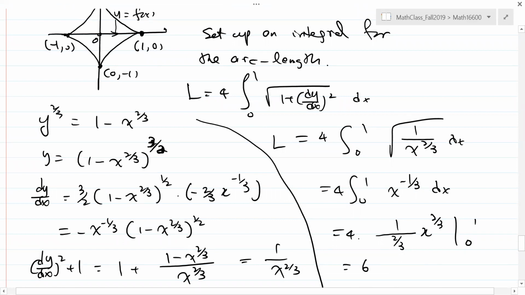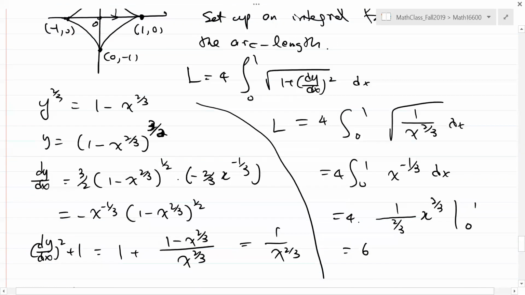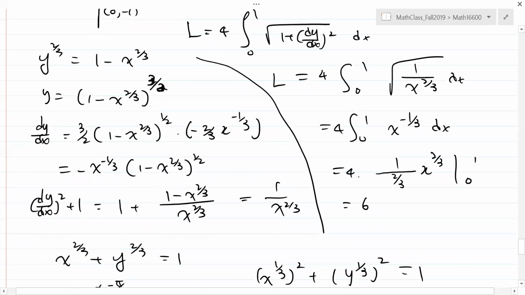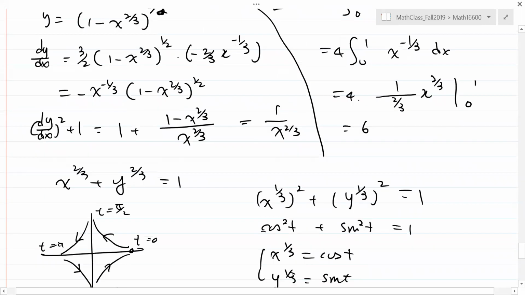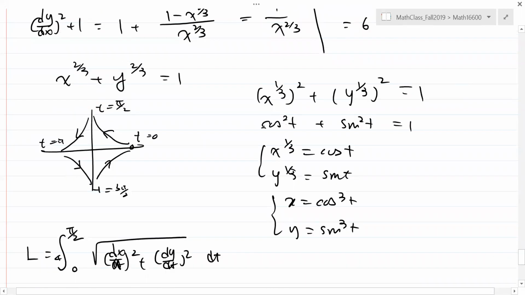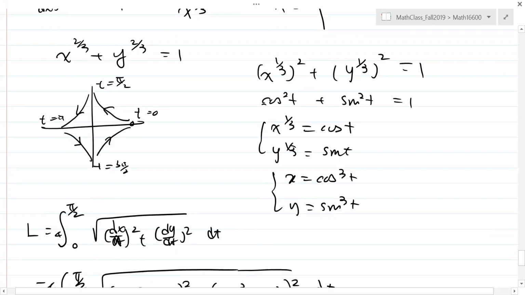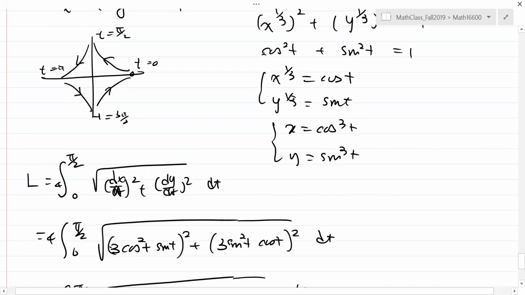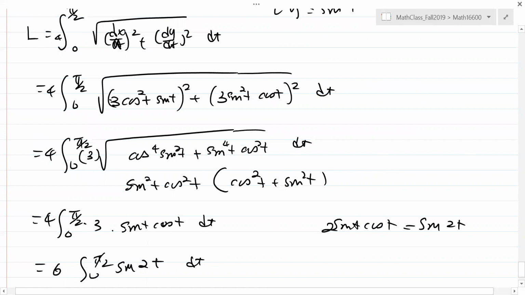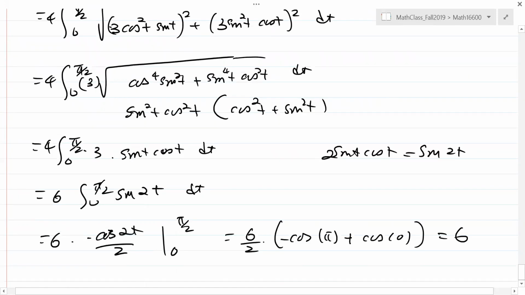But you should also learn how to find equations for the curve using a parameter, which is x equals cosine cubed t and y equals sine cubed t. After you plug into the integral, then you simplify, and you end up with the integral of sine 2t.